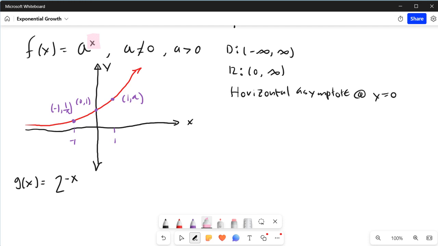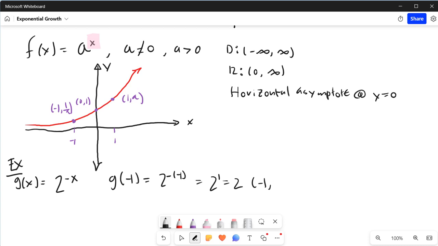Essentially, if we were to look at g of negative 1, that's 2 to the negative of negative 1, because you're plugging in negative 1, which is just 2 to the 1, which is just 2.